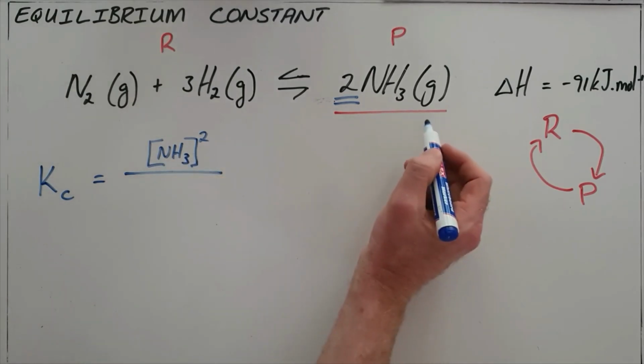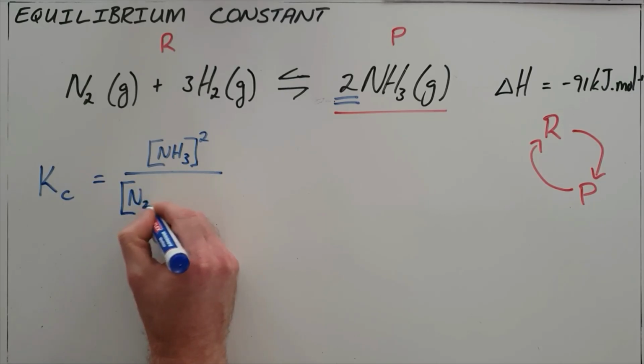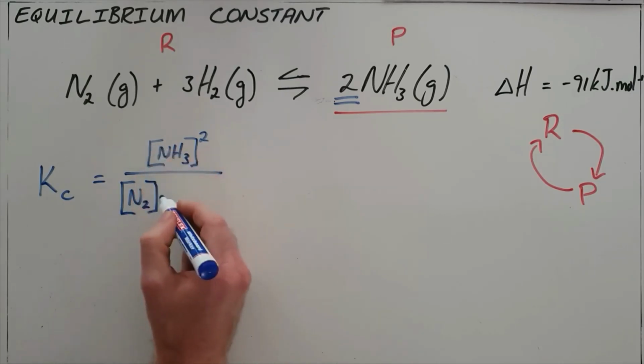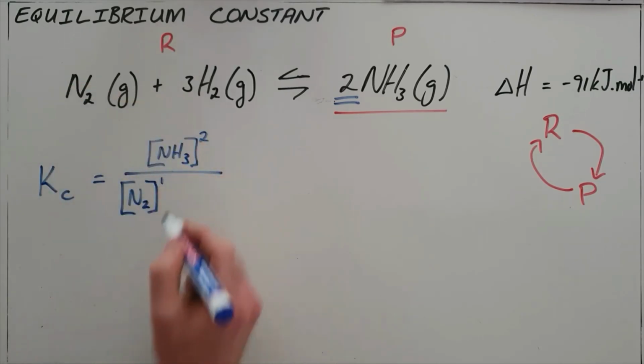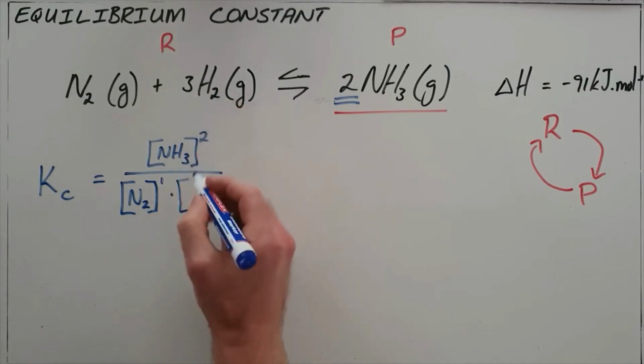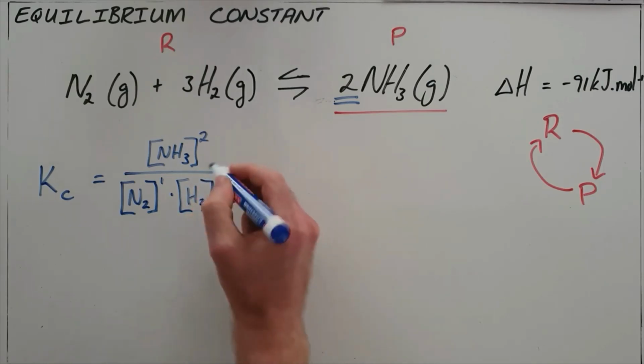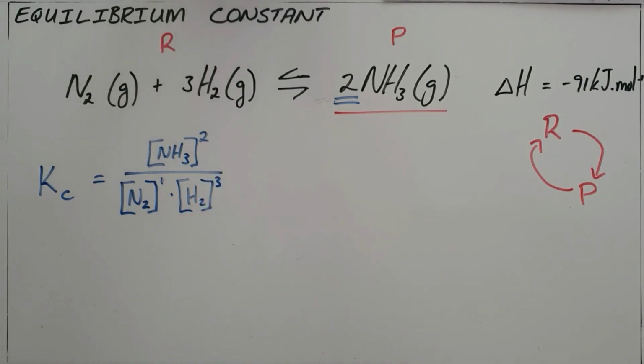So the ratio of our products to that of our reactants, concentration of nitrogen to the power of its exponent, which in this case is 1, multiplied by the concentration of hydrogen to the power of its exponent.